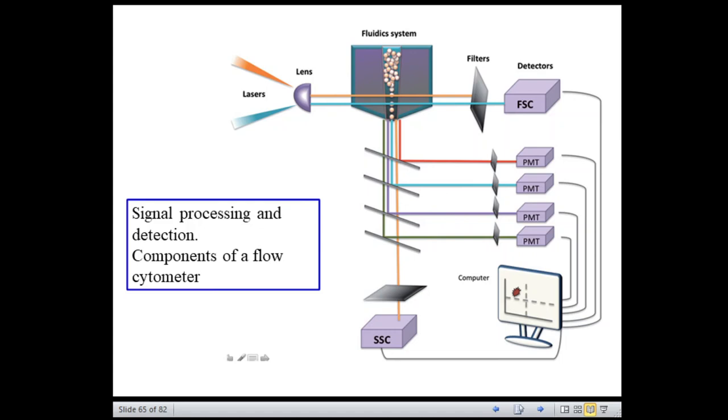Whatever analog signal is obtained must be converted into a digital signal either by analog to digital converters or by some computer programming for further processing. Then the signal becomes digital data, so that it can be displayed in the form of plots or histograms.